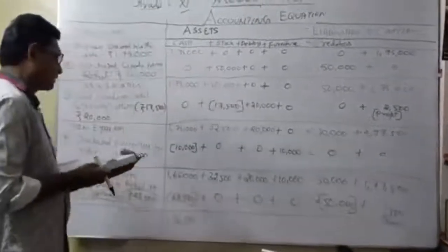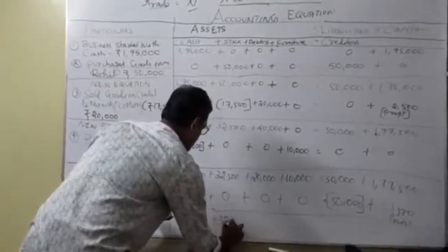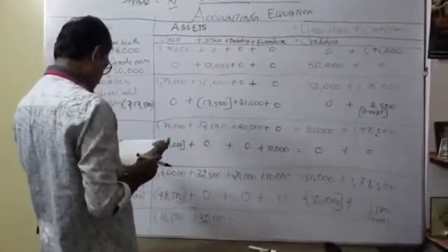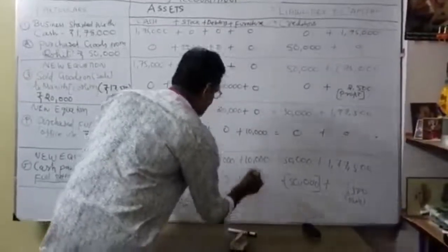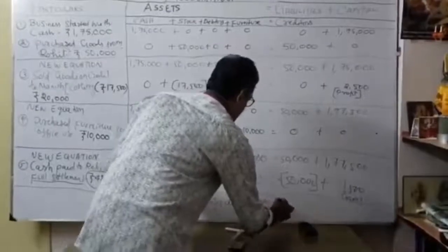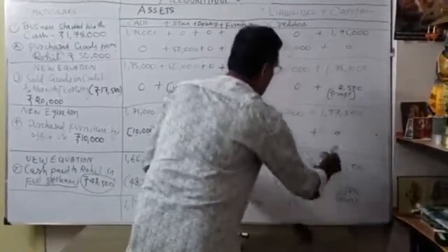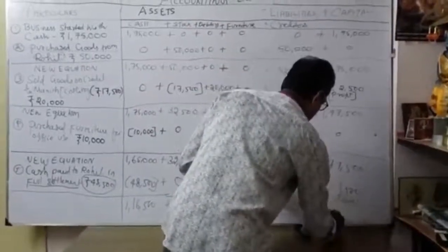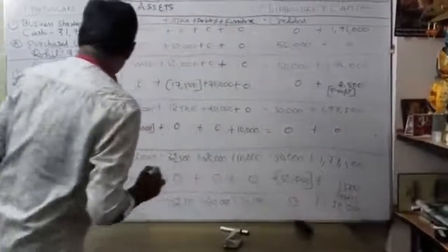Thereafter, my stock 32,500 plus my debtors, still it is there, 20,000, plus my furniture 10,000 is equal to now creditors nil balance. So 0 plus, so how much is my capital now? 1,79,000, my new capital. This was the new equation.